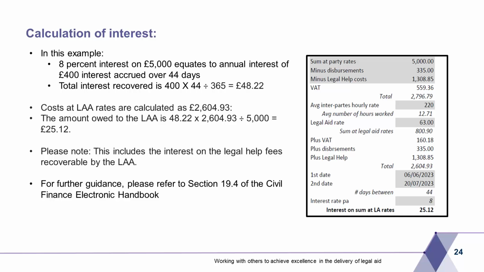Slide 24 deals with calculation of interest. I'm not going to go through the calculations that you can see on the slide. You can go through these yourselves in your own time. The main thing to emphasize is that the key to the calculation is first working out how much inter partes costs have been recovered at legal aid rates, as the legal aid agency will be due a portion of the total interest recovered on a pro rata basis.